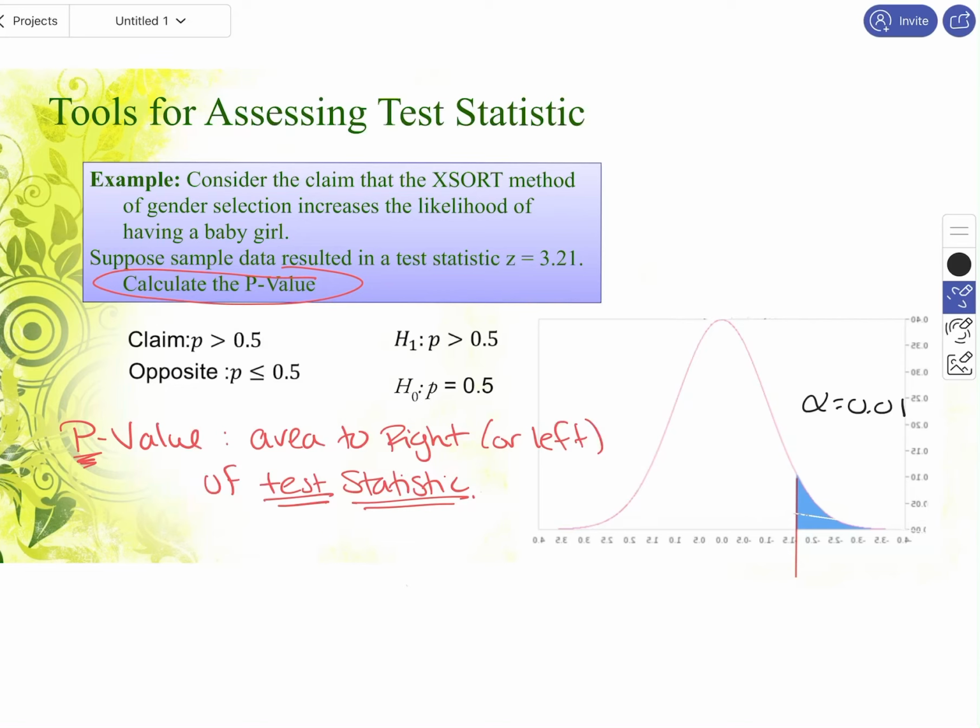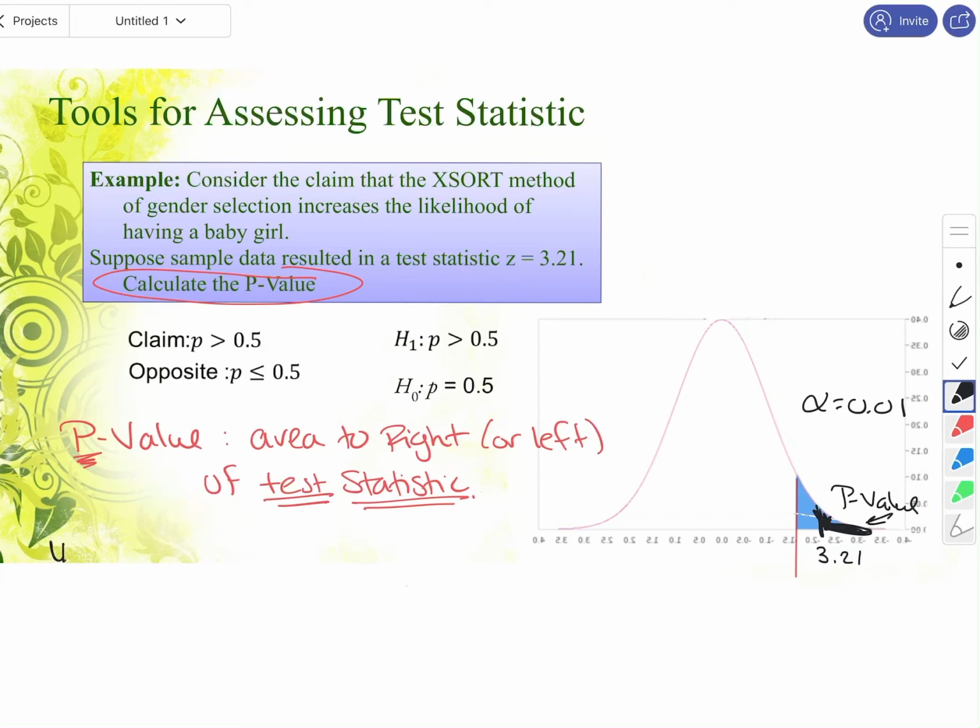Let's pretend that we don't remember the critical value, otherwise this question will be really quick. So if we're looking for the test statistic of 3.21, that's about here. The p-value is this area. It's the area, in this case, to the right of the test statistic.